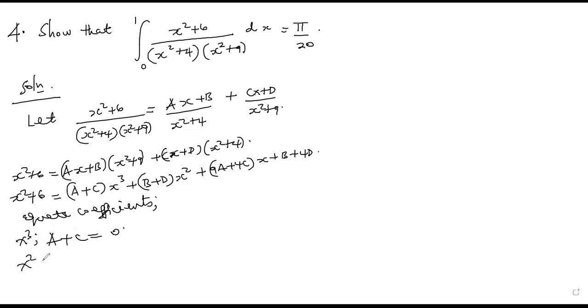Then for x squared, we have b plus d. And this side we have 1. Then for x, we have 9a plus 4c. And this side we have 0. Also, we don't have a coefficient of x. Then for constants, this is why we have b plus 4d.